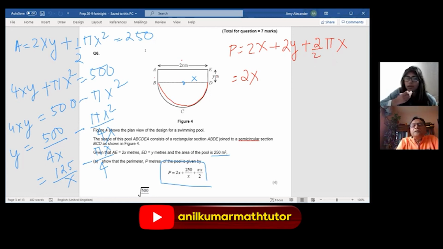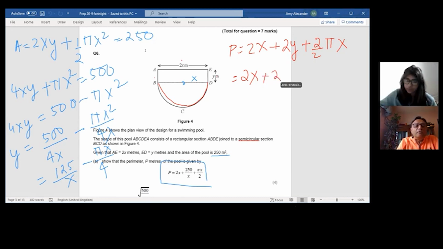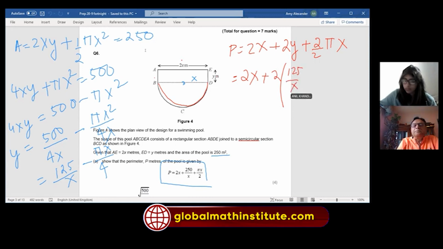You're right. So pi x plus 2 times the y value is now 125 over x minus pi x over 4, plus pi x. You need to simplify this.